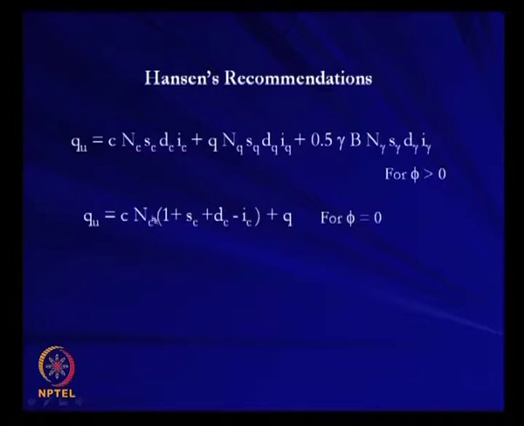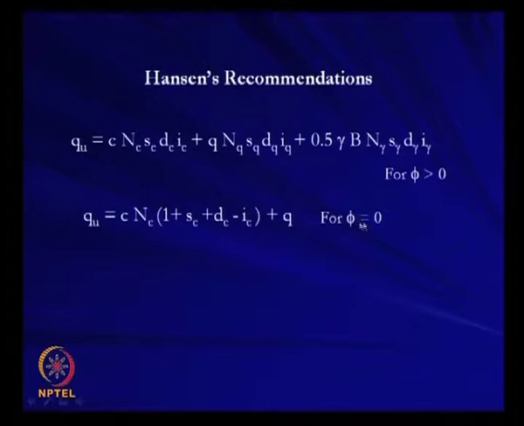The next one is the Hansen recommendation, which is similar to the Meyerhof recommendations. If phi is greater than 0, then this expression is used, where S, D, I are the same shape factor, depth factor and inclination factor.